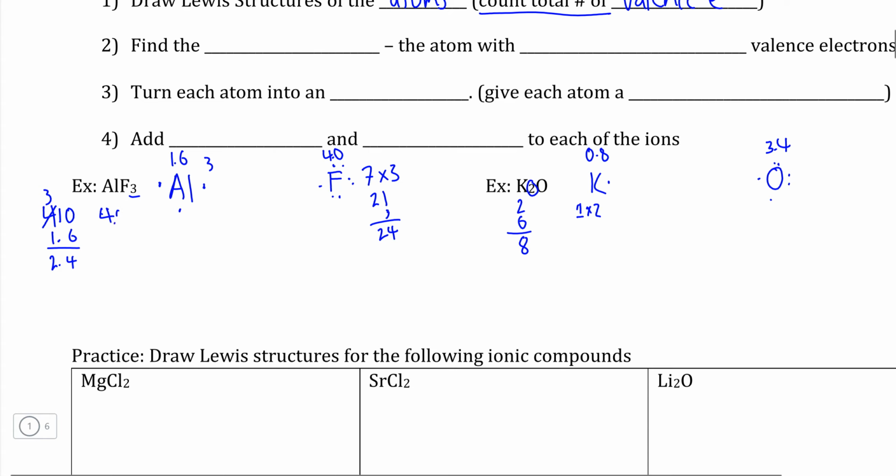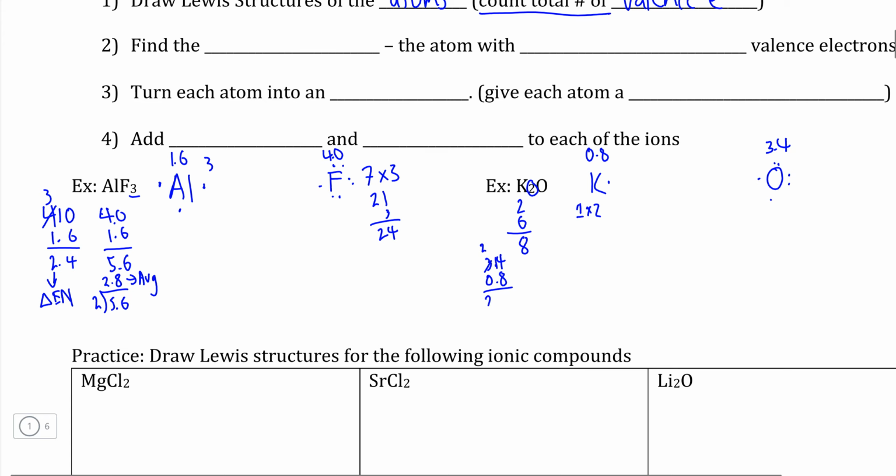And then if we calculate the mean electronegativity, we have a total of 5.6, and 5.6 divided by 2 brings us to a total of 2.8. So this is our average, and this is our difference. If we repeat these calculations for potassium and oxygen, 3.4 minus 0.8 is going to be quite a large number no matter what.